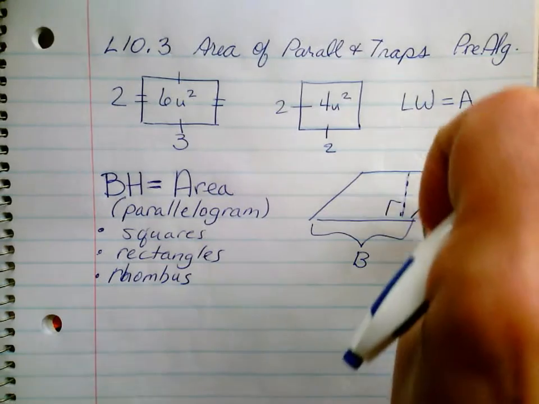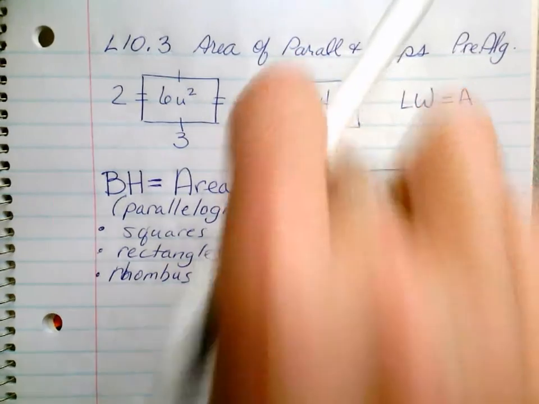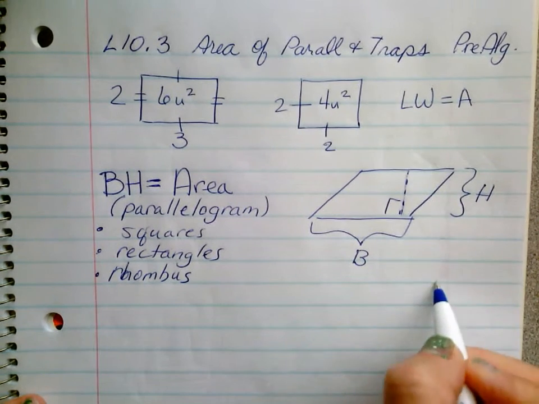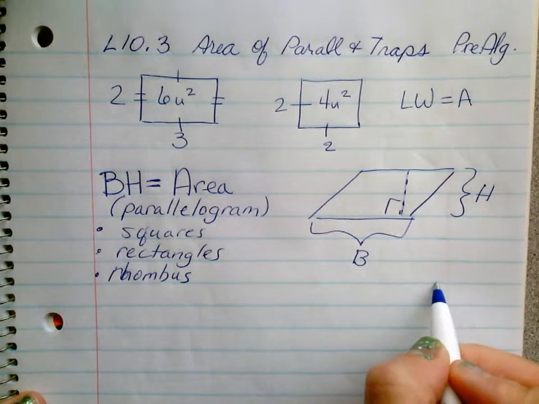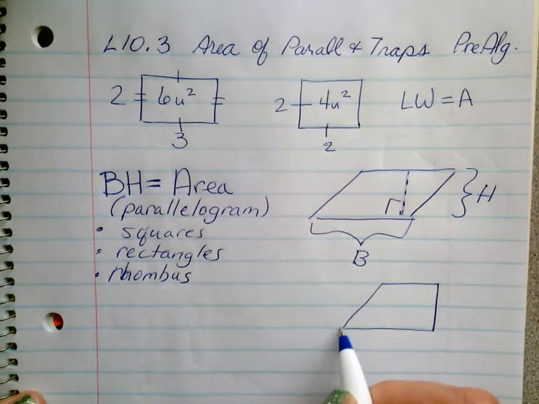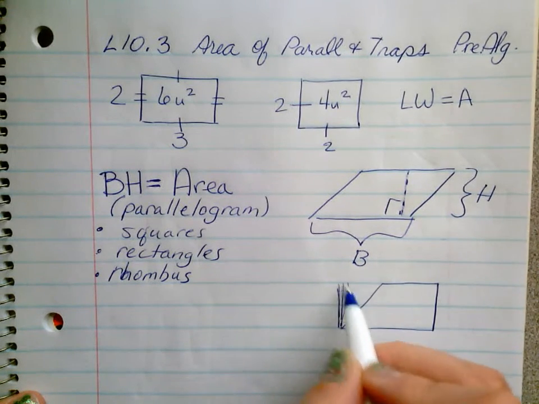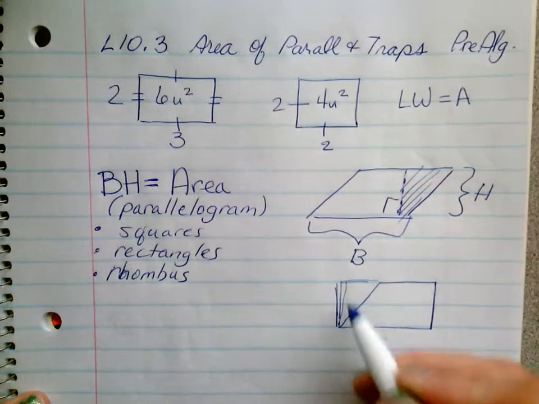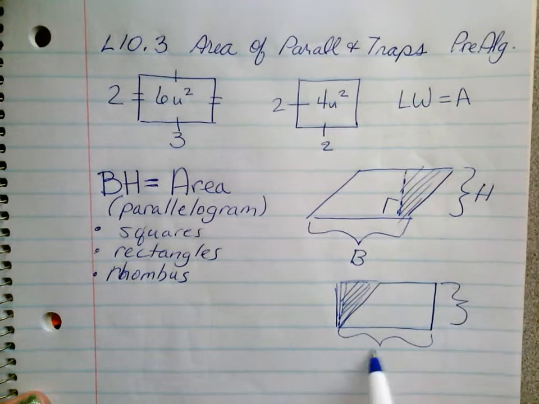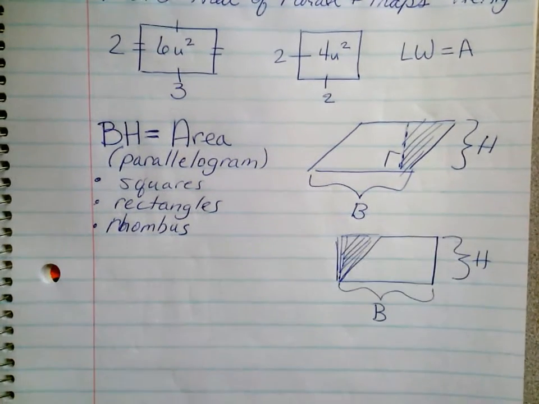And actually, if I took this piece, picked it up, and placed it over here, it would become, like that picture, a rectangle-looking thing. In which case, base and height would be pretty clear. So if I move this piece over to here, the base is still the same, but the height is a little clearer. That's what they've got drawn there.